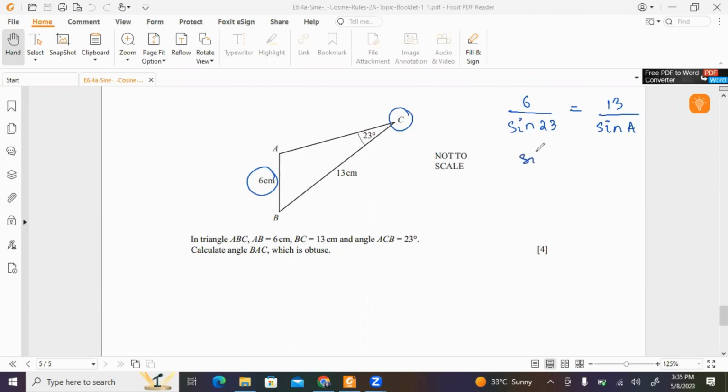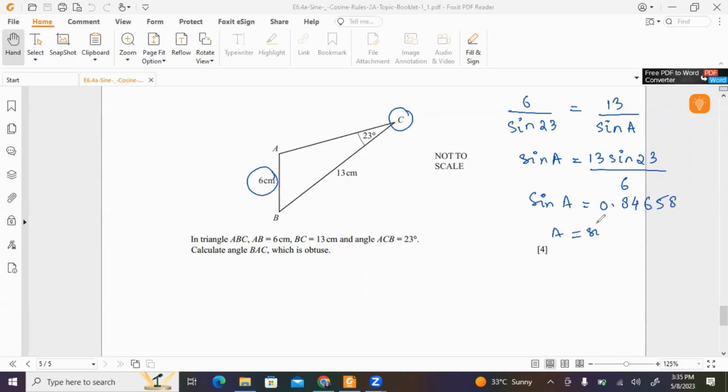Cross multiply, so sine of A equals 13 times sine 23 divided by 6. Using the calculator, 13 sine 23 divided by 6 gives us 0.84658.